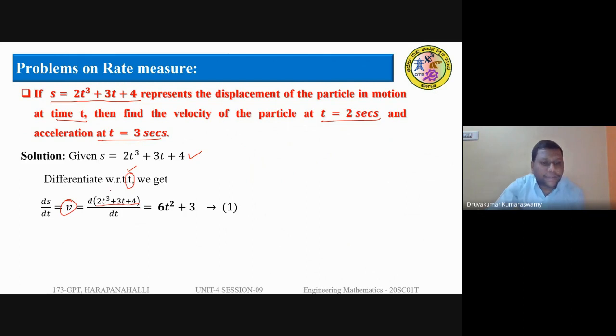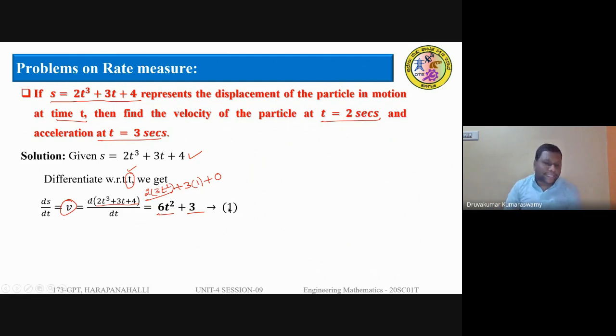Then if you differentiate this, 2 into what is differentiation of t cube? 3t square, plus 3 into what is differentiation of t? 1, plus what is differentiation of 4? 0. Differentiation of any constant is 0. So 2 into 3, 6t square, plus 3 into 1 is 3, and 0 will be neglected. Therefore, velocity is equal to 6t square plus 3.